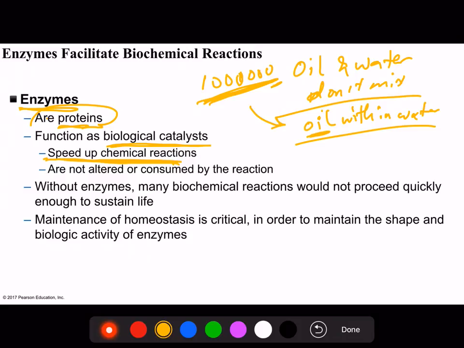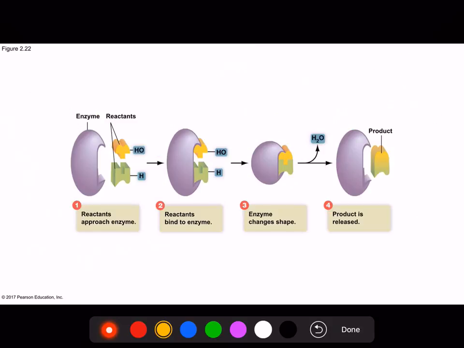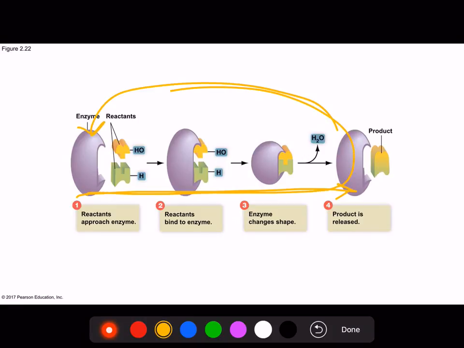Now, the beautiful thing about enzymes is that they are not altered or consumed by the reaction. It means that they can finish one reaction, like here, and go again and finish another reaction, and go again and finish a third reaction, and so on.